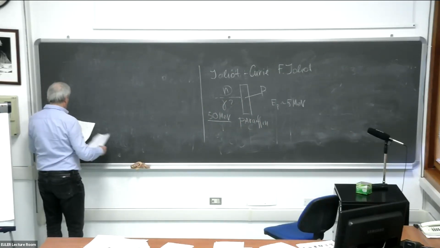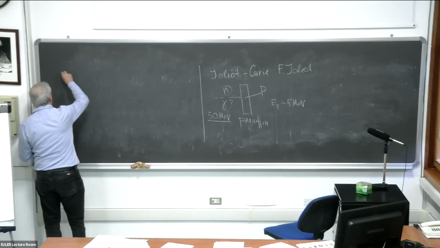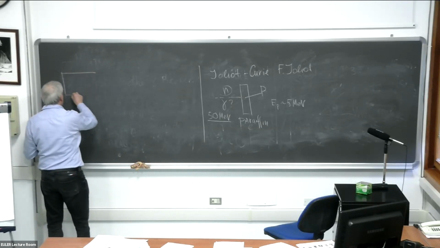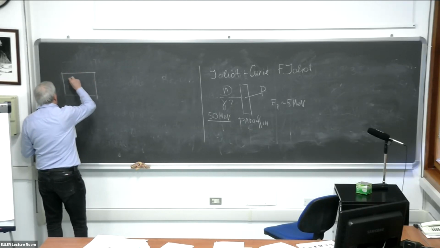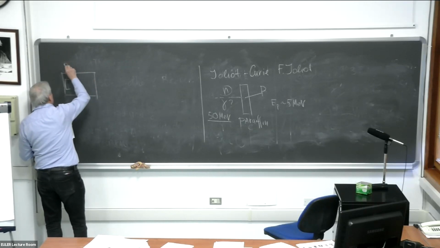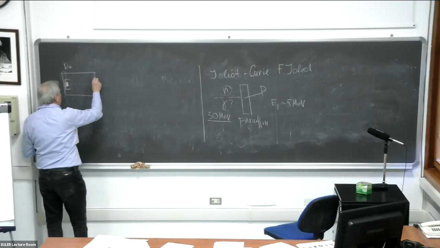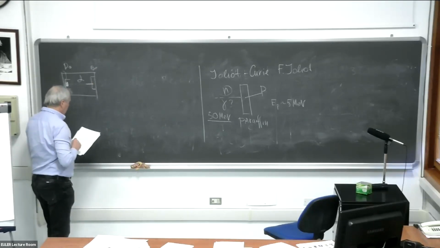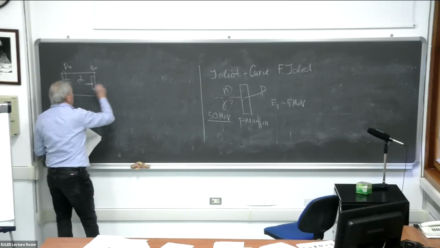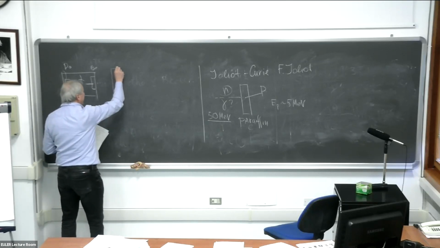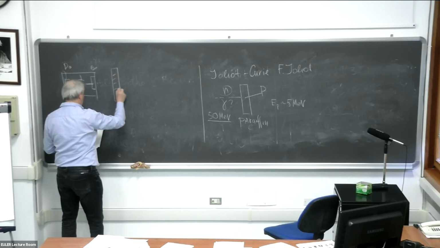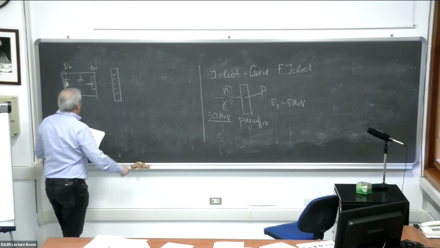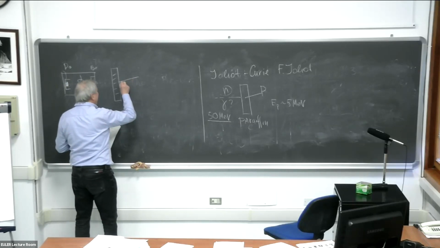His device was like that, and I will show you the real device, how it looks. Polonium, which emits alpha particles, was somewhere here, and these alpha particles hit a beryllium target. Then some radiation shows up, and then he put this paraffin. And here the protons appeared.